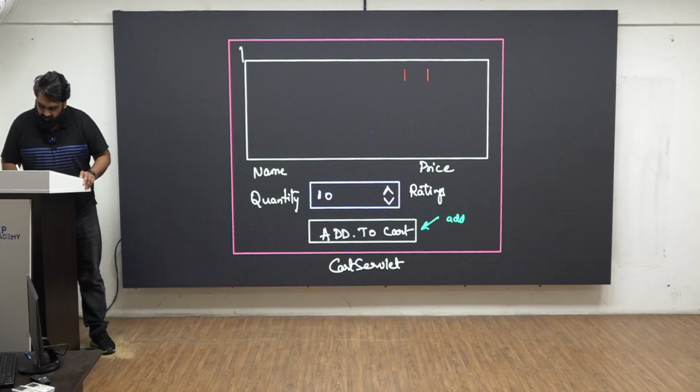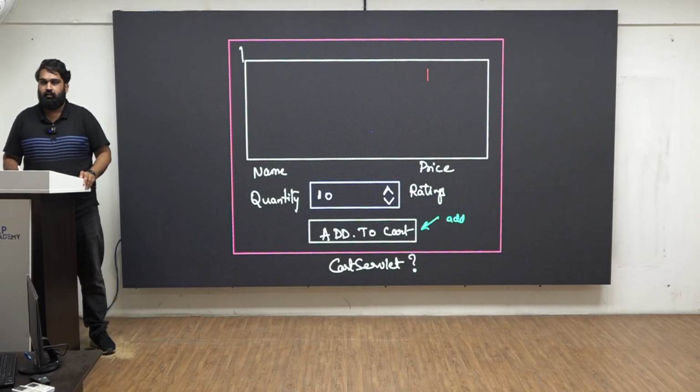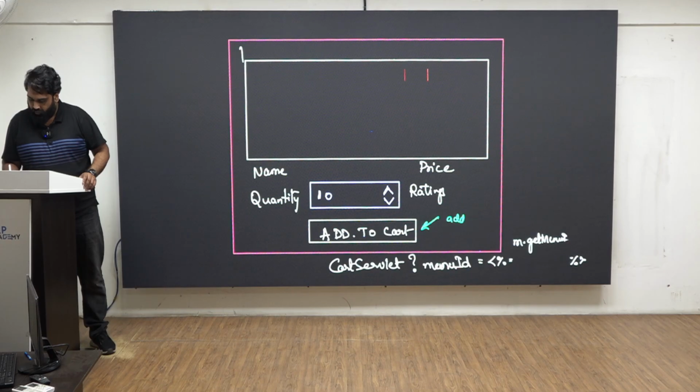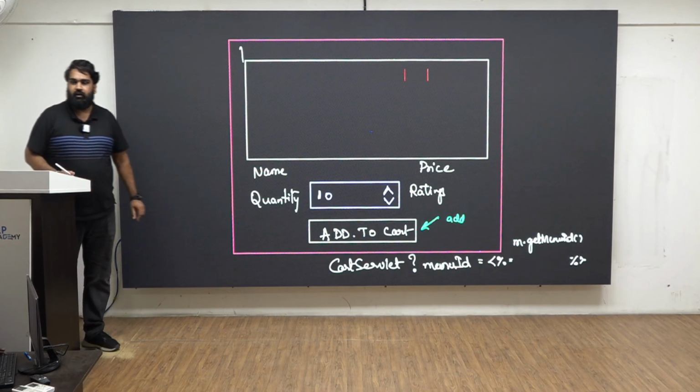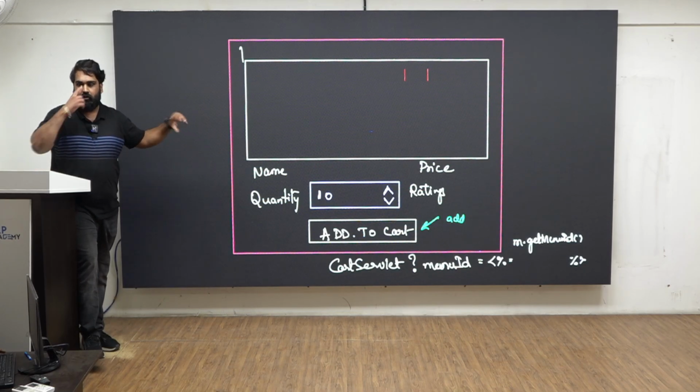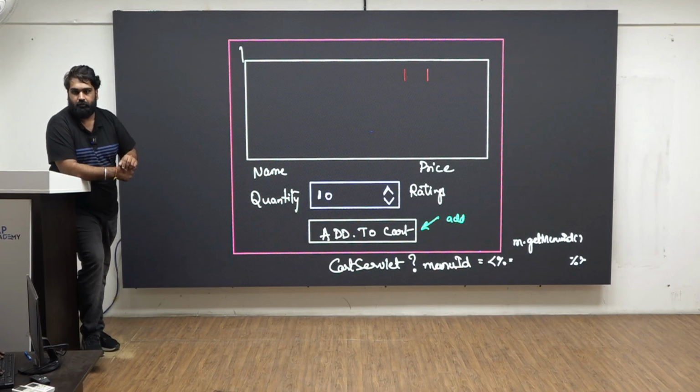I will say cart servlet question mark menu ID is equal to, I will use an expression tag and I will say menu item M, M dot get menu ID. So I will send the ID along with the request. I hope you are able to understand this.